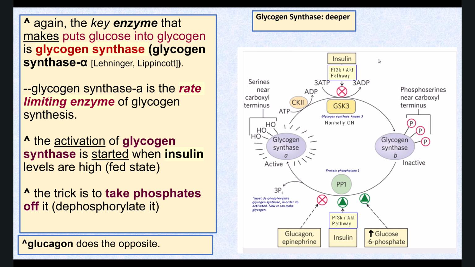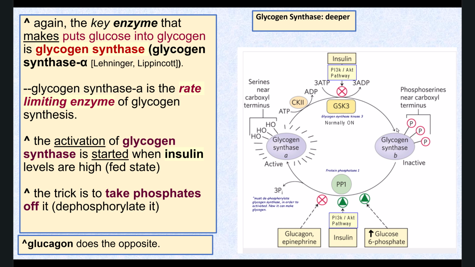And so AKT, with insulin, will go and turn off this glycogen synthase kinase. Normally this is on by default, but if you turn that off, then you can't put any more phosphates on there. So that's part of the story.